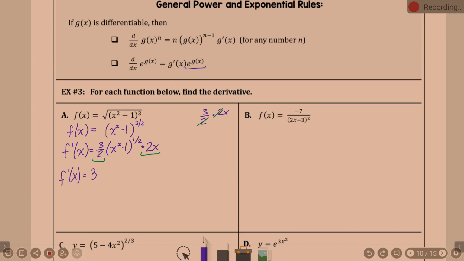Could leave it as times x squared minus 1 to the 1 half. The other option is, could you take that 1 half back to a square root? You could. You could say 3x times the square root of x squared minus 1. I like either the bottom row or the next to bottom row.